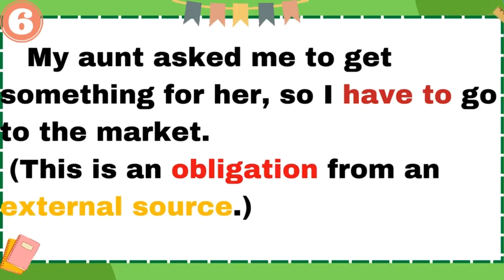The external source here is my aunt. She asked me to get something for her, not I wanted to do that. So this is not internal source of obligation. It's external. It doesn't come from the person himself. Okay.